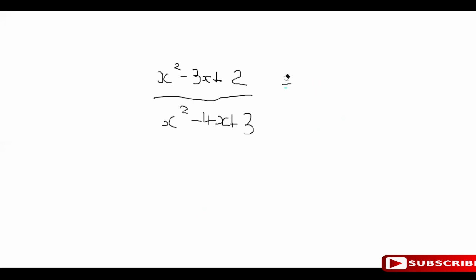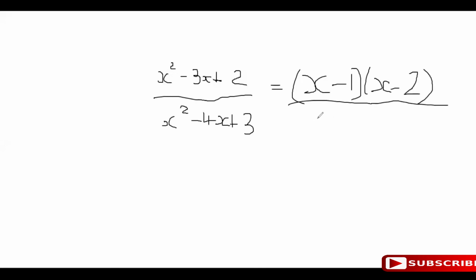I'll just rewrite it as x minus 1 times x minus 2. I was only dividing because the factors weren't coming to me right away. The denominator is x minus 1 times x minus 3.